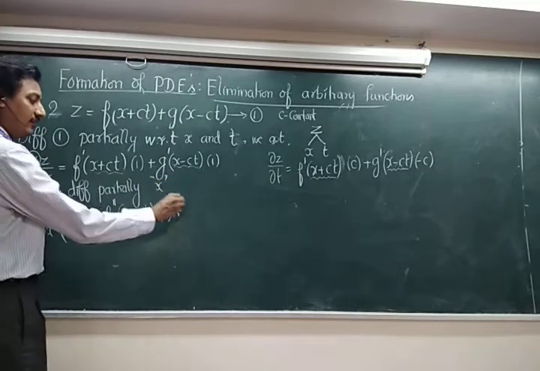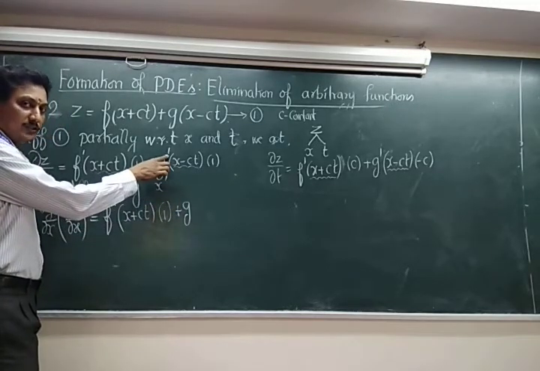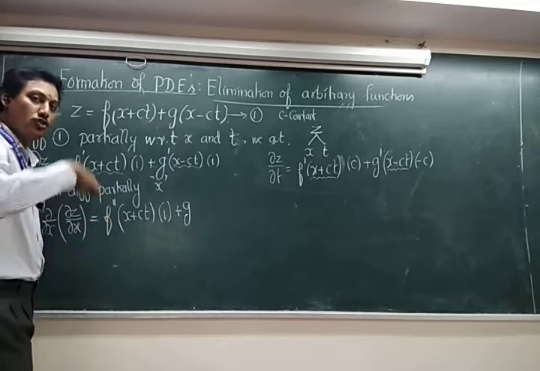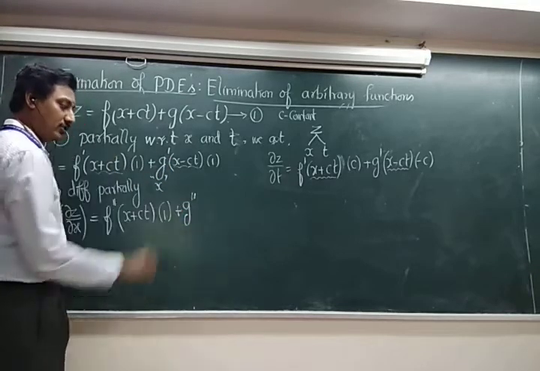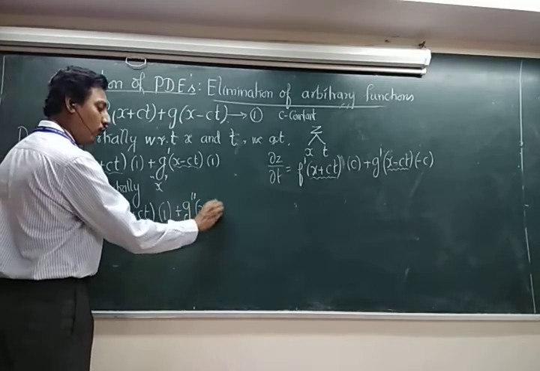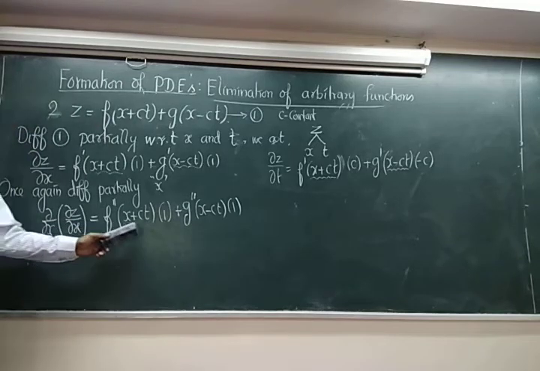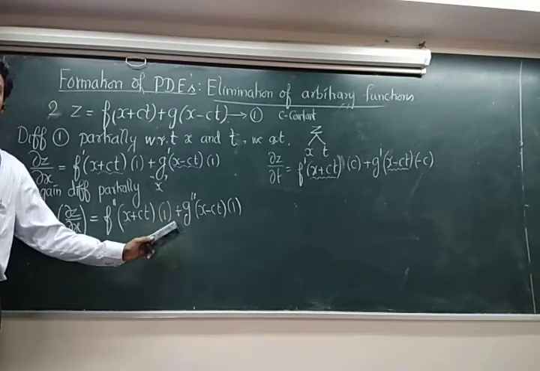And once again g with respect to x, so already one time we differentiated with respect to x, so that was g dash. Second time this becomes g double dash. Once again differentiate this with respect to x, I am getting the 1, right? Right. So f double dash of x plus ct plus g double dash of x minus ct. This is the second time with respect to x.